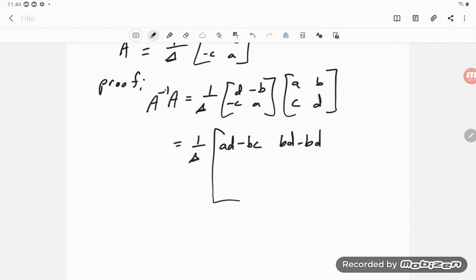And then down here in the bottom right, we get a minus AC and a plus AC, that's 0.